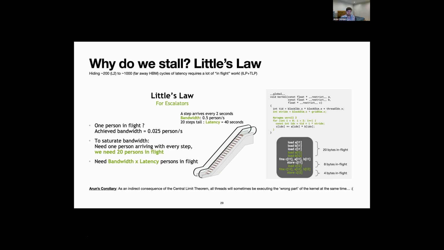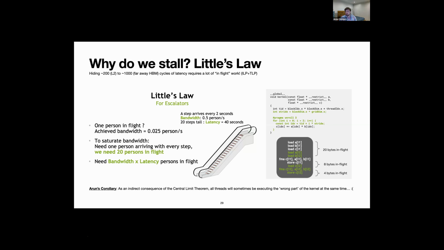So the implication is if you want a throughput of, let's say, 1 output every 10 cycles, and the latency is 400 cycles, you need a minimum of 40 threads or 40 warps running in parallel.